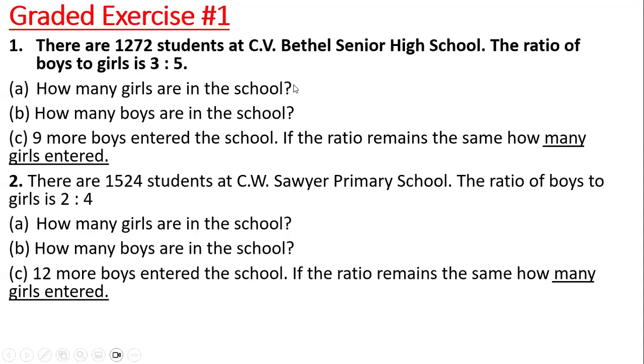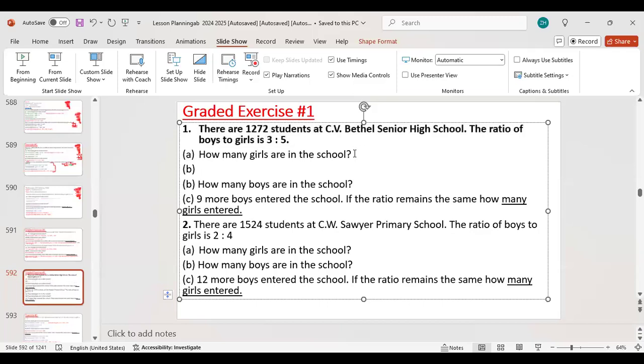So you did 8 because it's 3 to 5, right? Yes, sir. Go ahead. 1,272 divided by 8 would be 159. And then I did 1 equal part again, and then I put the amount of girls.